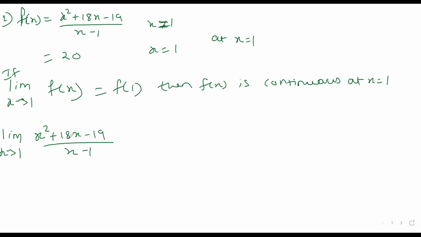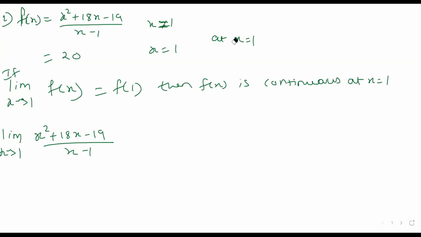What are the factors of x square plus 18x minus 19? 19 is a prime number, but still prime number always have two factors, one and the number itself. So limit x tends to 1, this will be x minus 1, x plus 19 upon x minus 1.